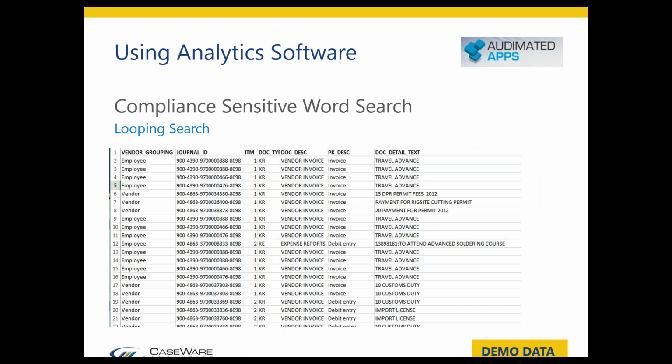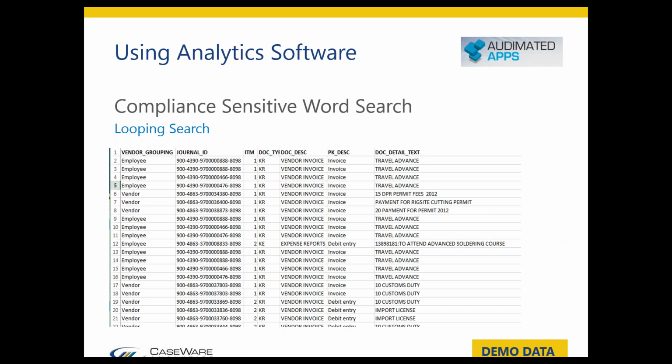If you have a list of compliance-sensitive words such as travel, advance, custom, license, commission, permit, things like that, you can use the looping search that you can purchase from Automation. It's a macro that you can buy. You can import your word list from Excel and run it against a text field in your IDEA document that you identify, and this is an example of the result that it gives you.